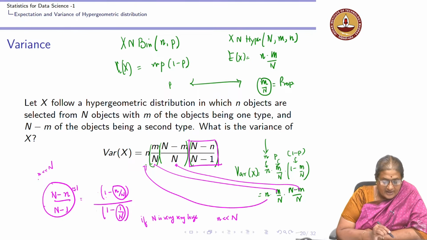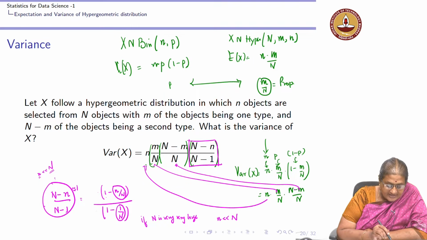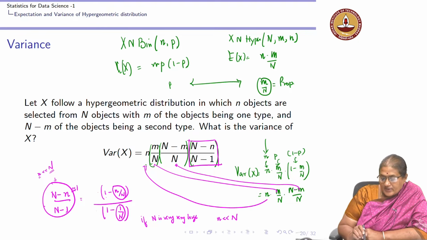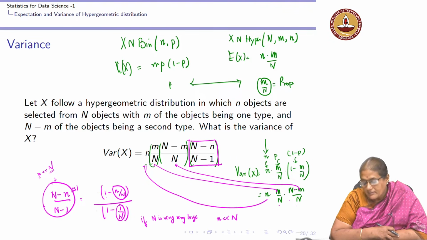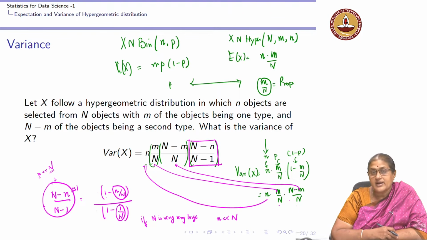I repeat, if the sample size is very small as compared to my population size, then this term tends to 1 and you can see that the variance of x in that case would just be n into m by N into N minus m by N, which resembles my binomial variance.